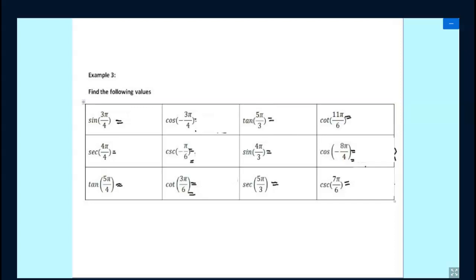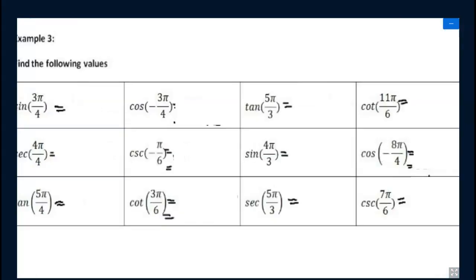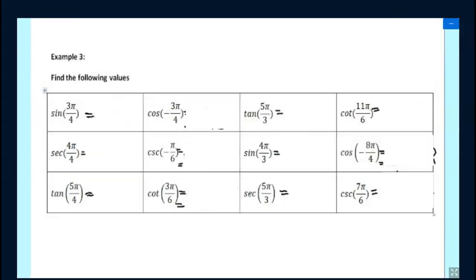So we have sine of 3π/5... 3π/5 is in quadrant 2. So sine is positive. Anything that ends in a fourth is going to end in a 2. And 3π/4 is positive root 2 over 2.